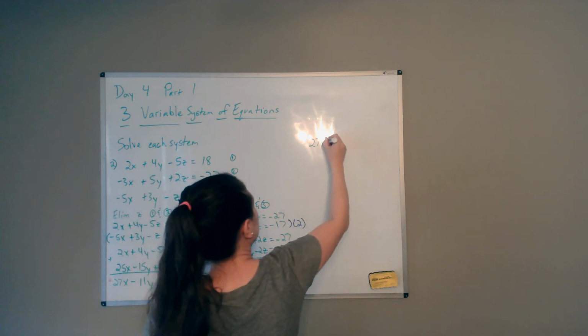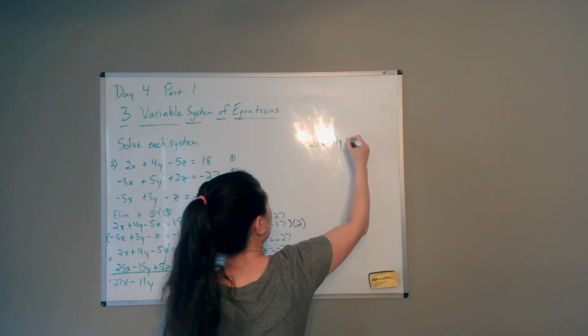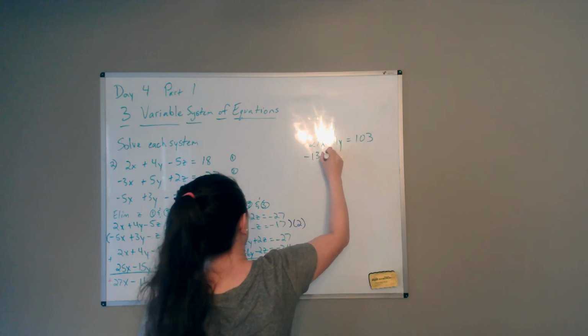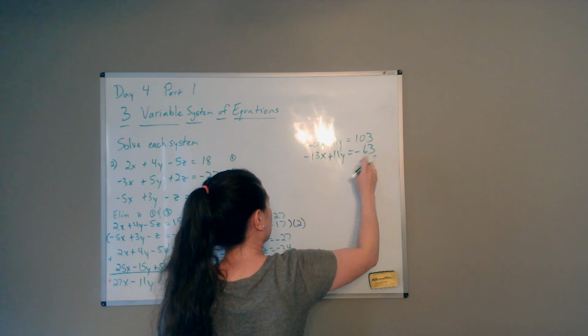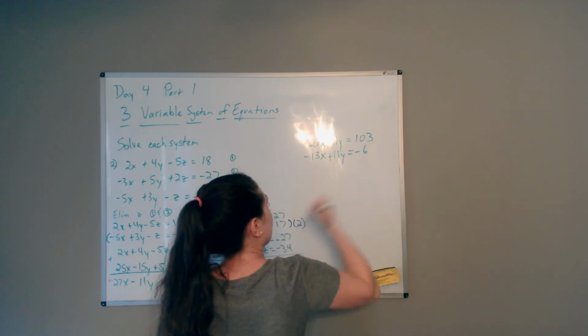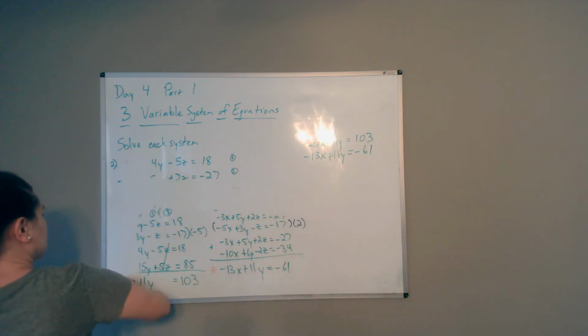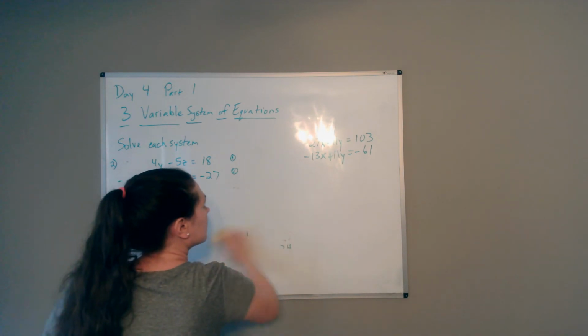Right below, rewrite this as a 2-variable system. 27x minus 11y equals 103. Negative 13x plus 11y equals negative 63. Whoop, I wrote 63. It should be negative 61. And so I'm going to erase. Oh, I didn't mean to erase all the way up there.